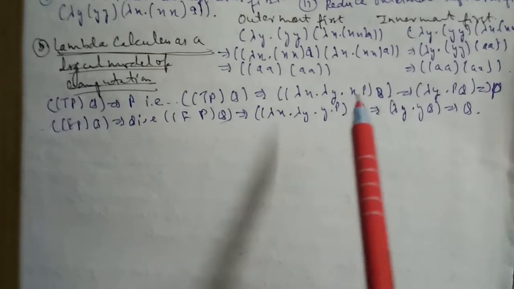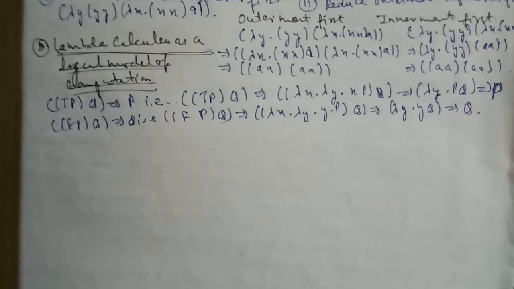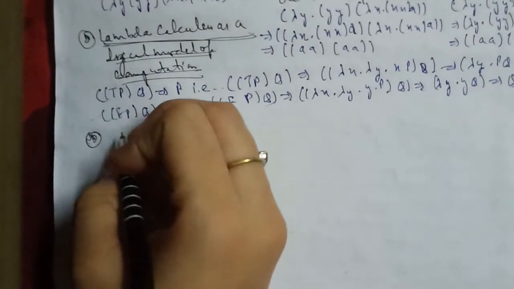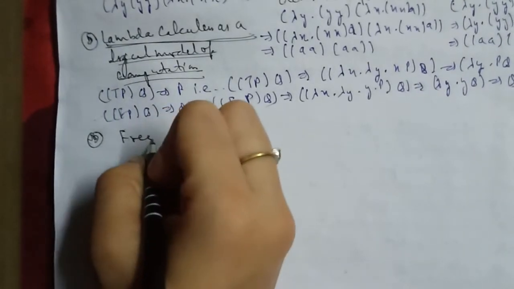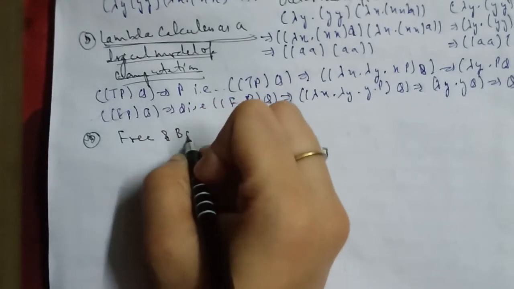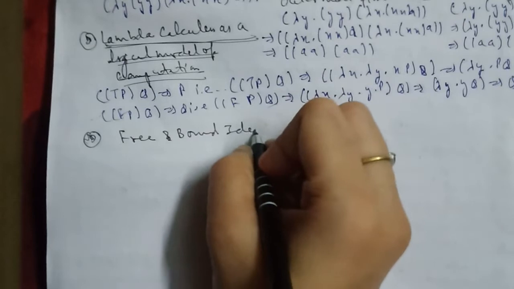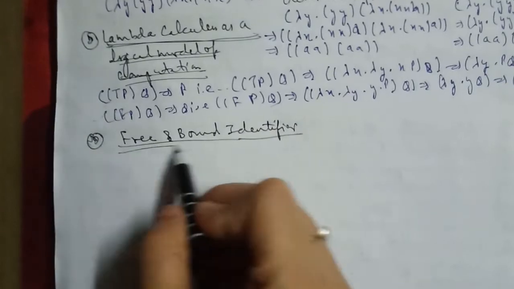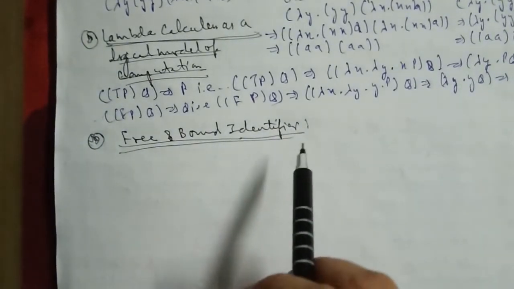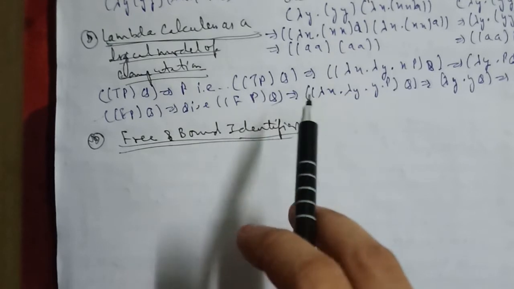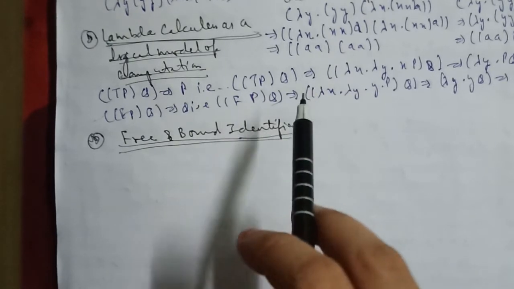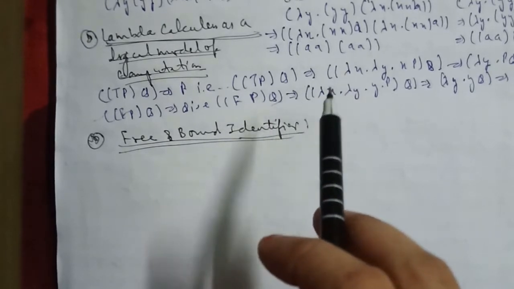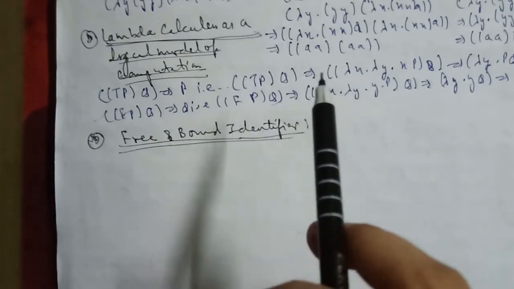What are the free and bound identifiers here? In free and bound identifiers, an occurrence of an identifier x in an expression is bound if it appears in the formal parameter, or if it is within the scope of an expression in which it is involved.